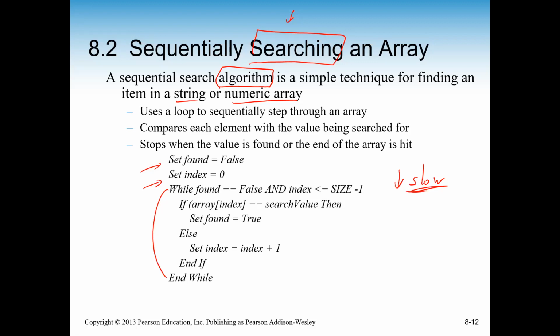So you're going to say if array index equals the search value, which is maybe a user provided input or something. Then if there's a match, you say found, right? So you found the value in the array. You would probably return the index, I would assume. You print out the index.